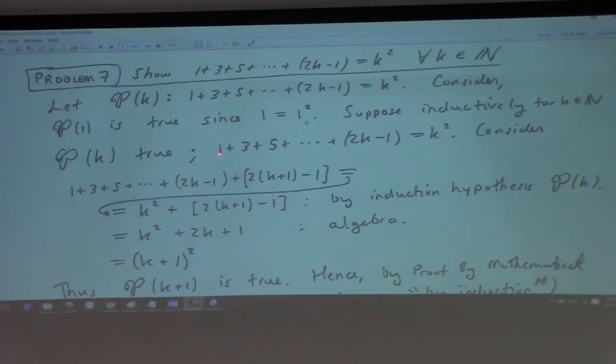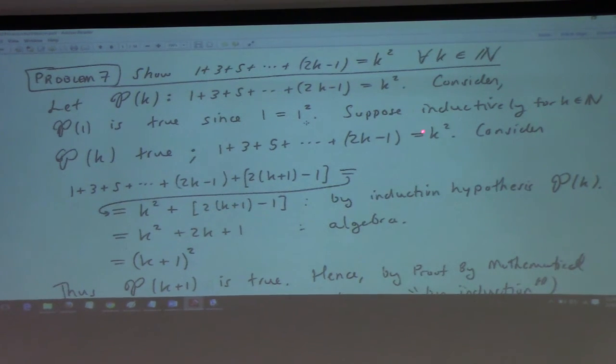Well, let's see. So I start by assuming this is true, right? Then I want to show that this is also going to be true when I replace k with k plus 1. So I've got to start on either this side or that side and try to get to the other side.